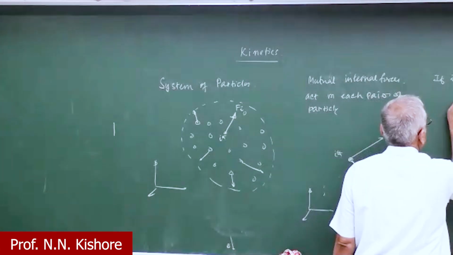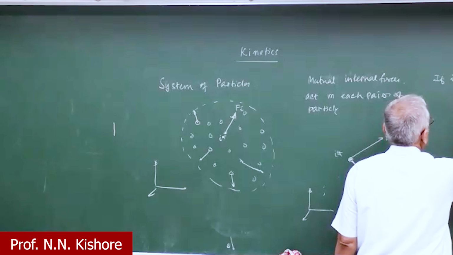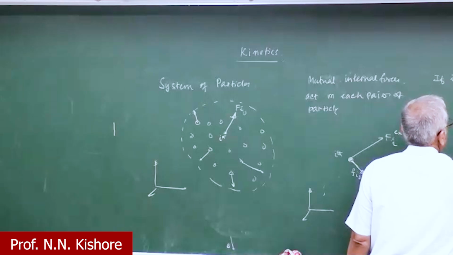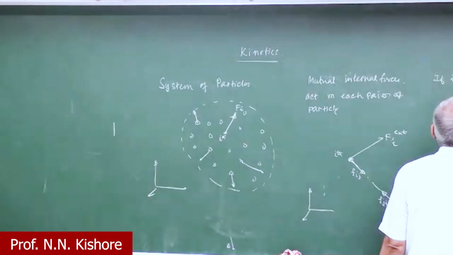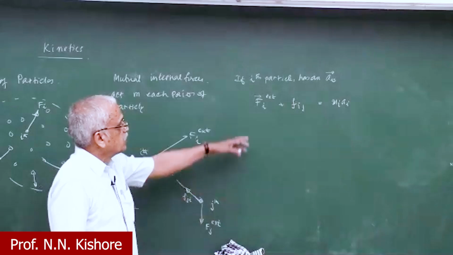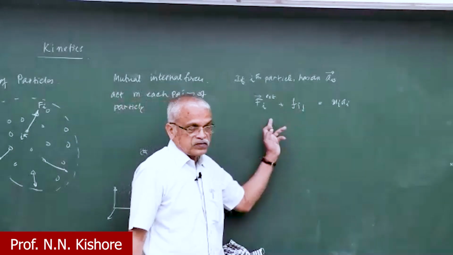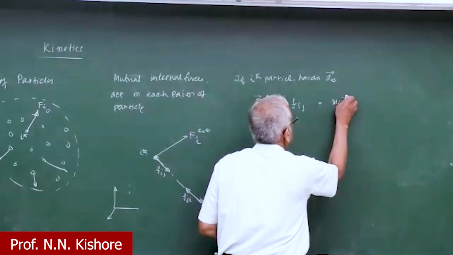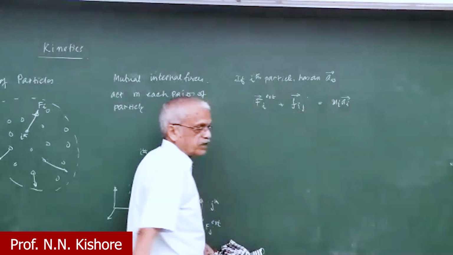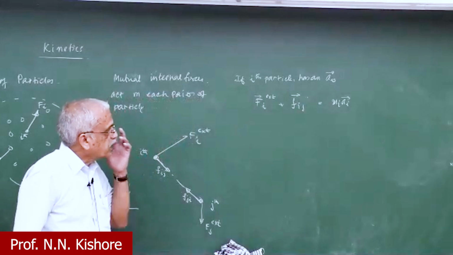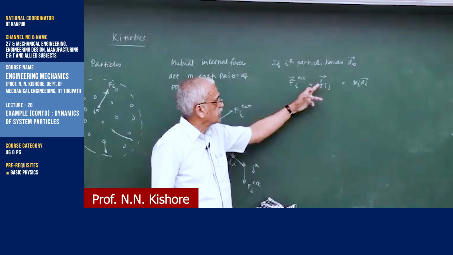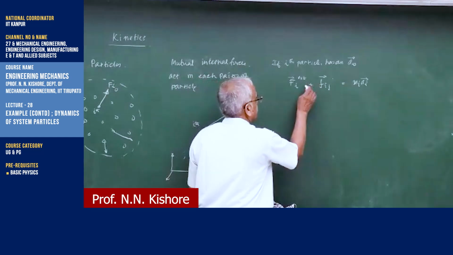So like this, I put down for n particles, starting with one particle to Fi, Fj and Fn here.